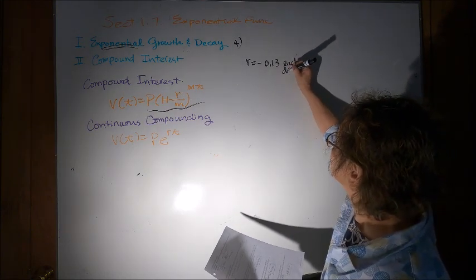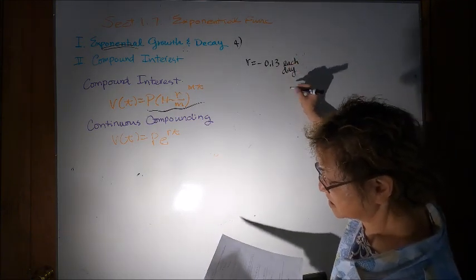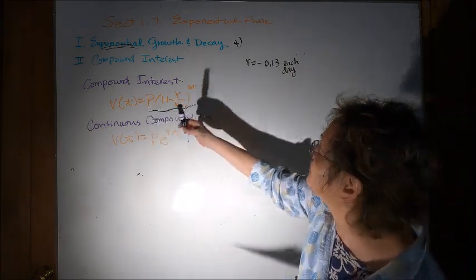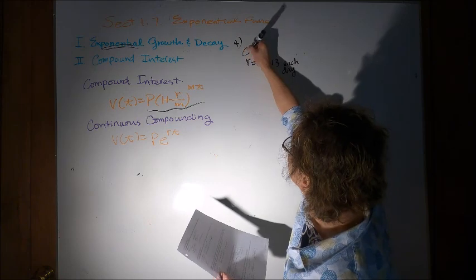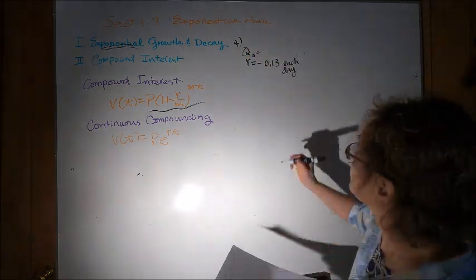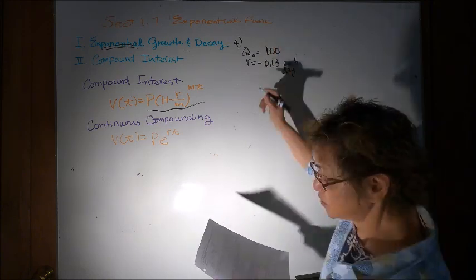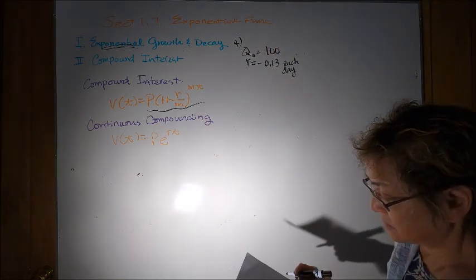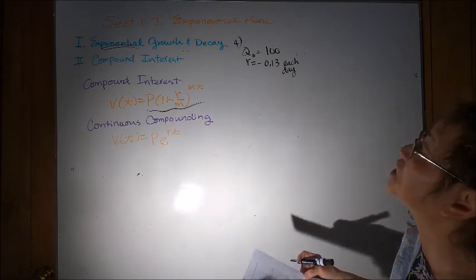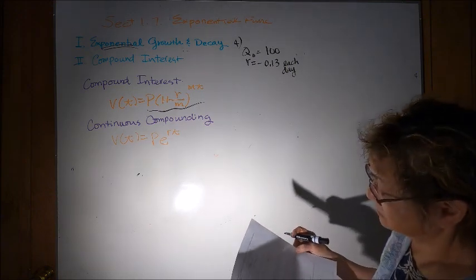That's each day, right? When we started, what's our quantity? That means present value. So we use Q sub 0, the quantity at the beginning of time. You have 100 milligrams, right? We are talking about after a week, not a year.